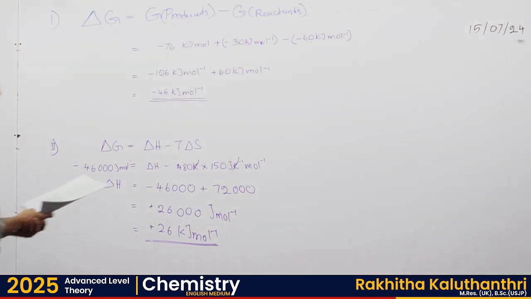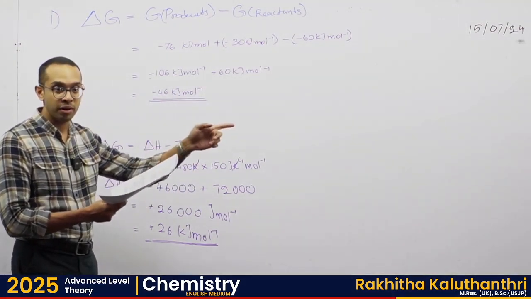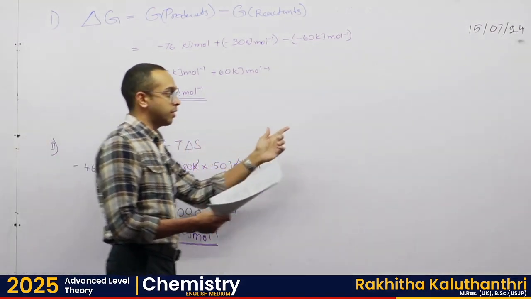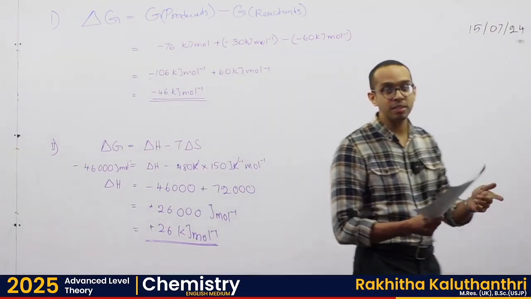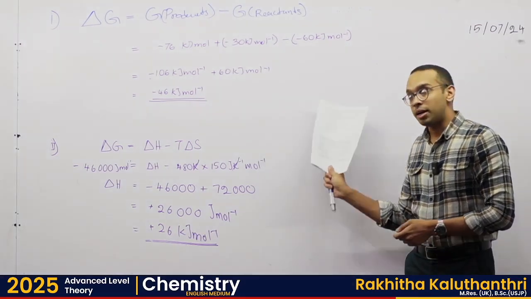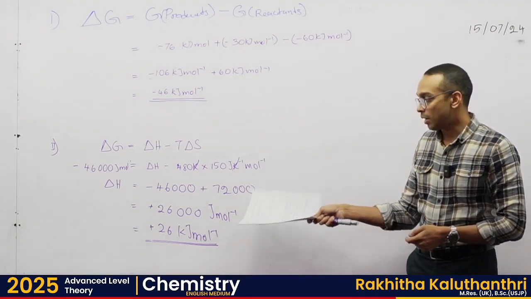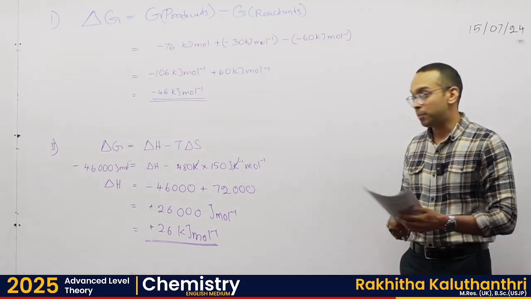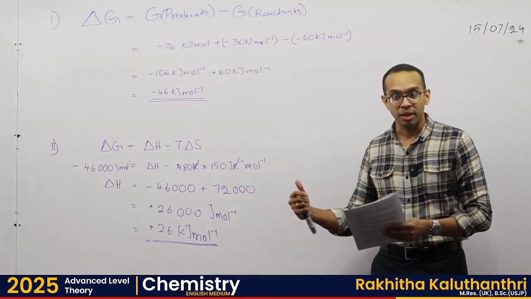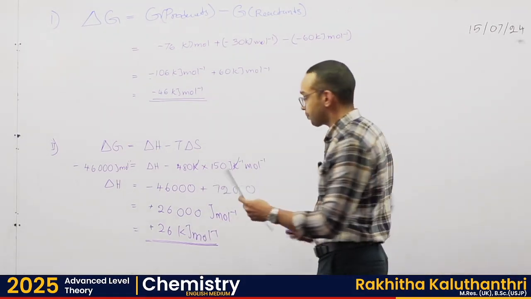Correct. How do you calculate the enthalpy change? Delta H is equal to the enthalpy of products minus the enthalpy of reactants. So that value is given here, but the opposite of this should be taken. Clear?